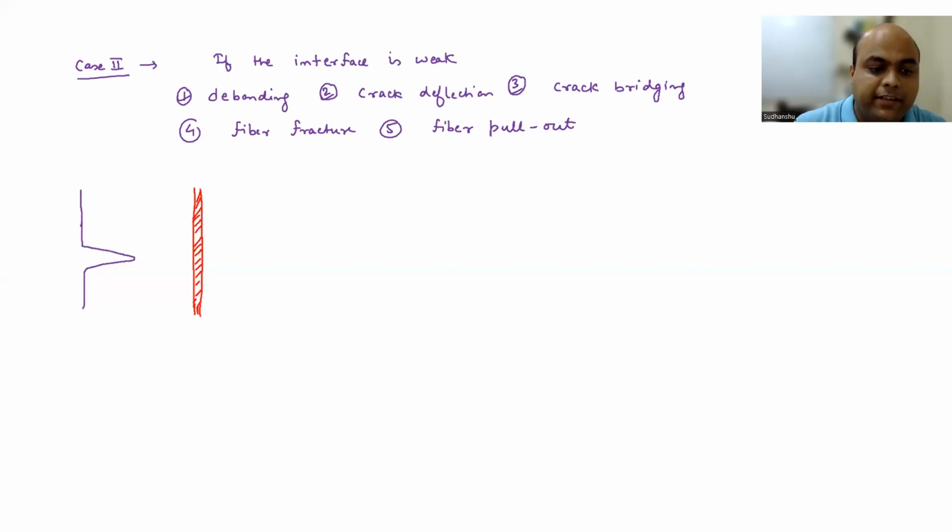And if the interface is weak, you are going to see debonding of the interface. So this is the debonding of the interface, ahead of the crack tip.